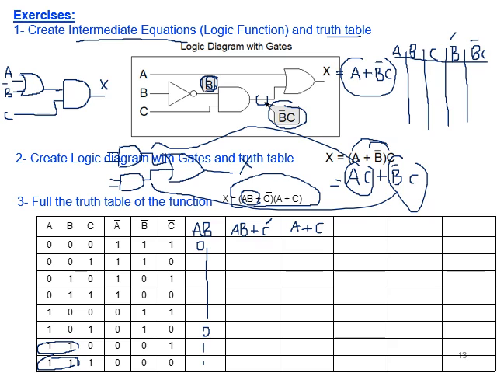Also, any one of them being 1, the output will be 1. And then you come here to the X, because you have the first bracket and the second bracket in an AND gate, so both of them should be 1 to have output 1. You see, you distribute the work, start to work on it at home, and find the truth table.